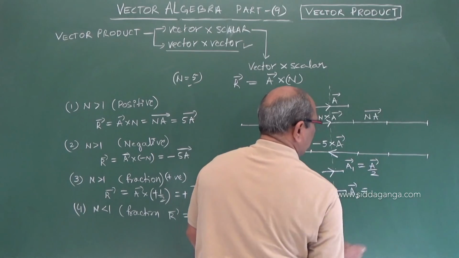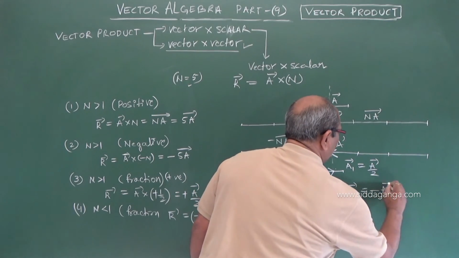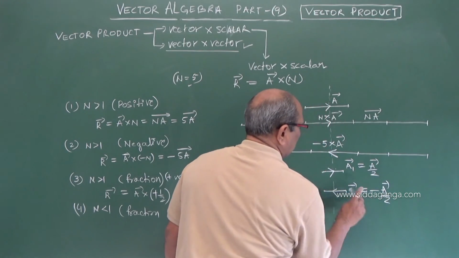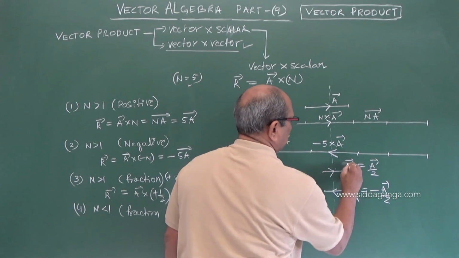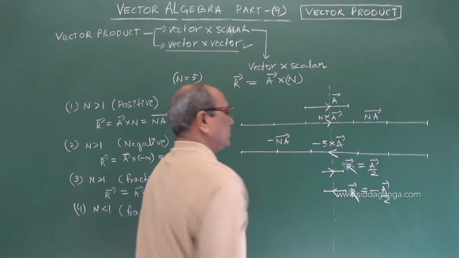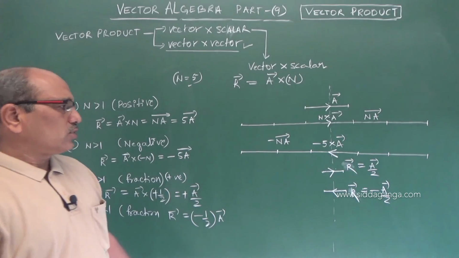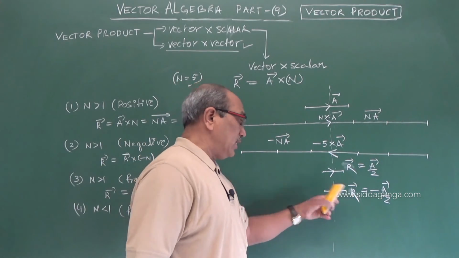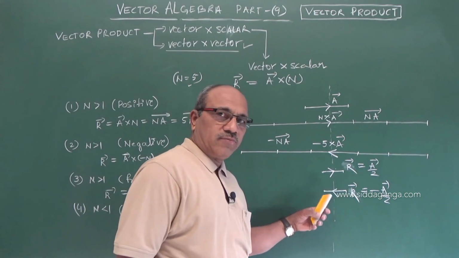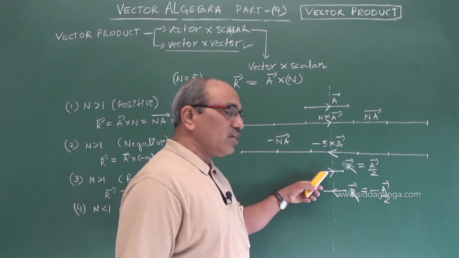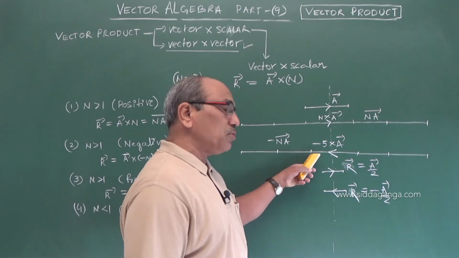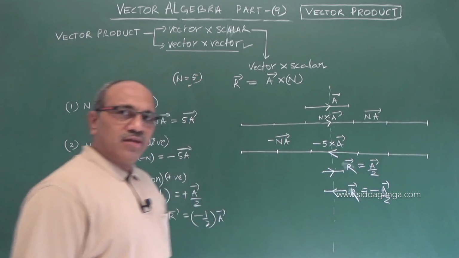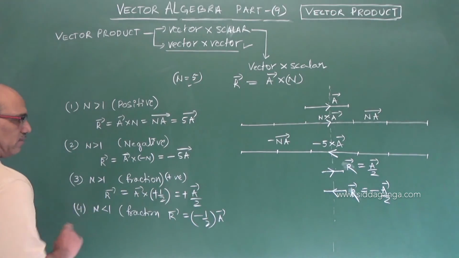If I repeat, that is minus a by 2. This is what we write as a resultant. So now here the magnitude is decreased and the direction changes. Here both are changed, magnitude and direction. Here only magnitude changed. Here both changed.